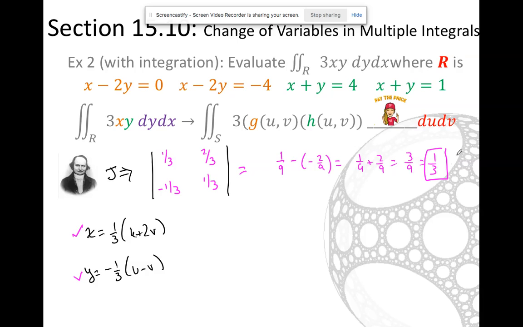One third was positive, so I don't have to worry about taking the absolute value. That's the price to pay for transforming from xy to uv. That's the Jacobian.